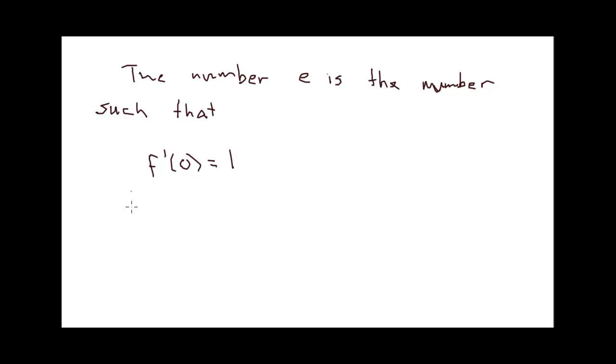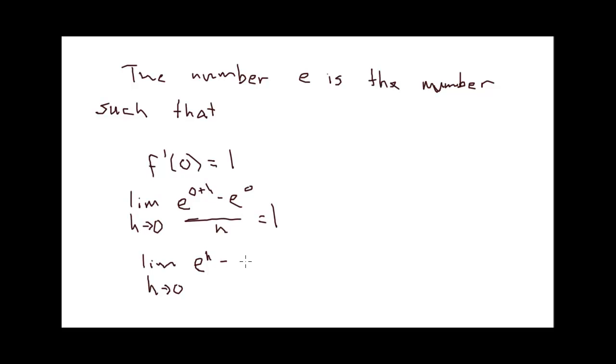So if we want to write that with a limit, that means the limit as h goes to 0 of e to the 0 plus h minus e to the 0 all over h is equal to 1, or, simplifying, the limit as h goes to 0 of e to the h minus 1 all over h is equal to 1. So that's how we're going to define e. The number such that this limit is true. So the slope of the tangent is 1.